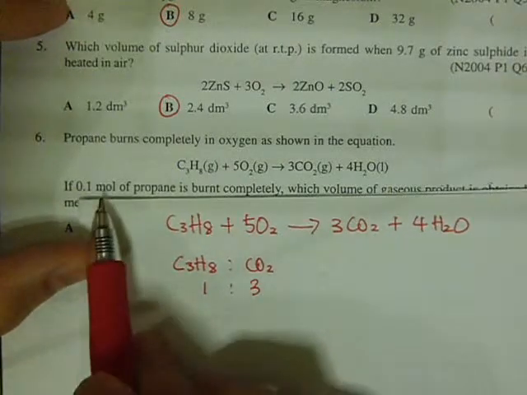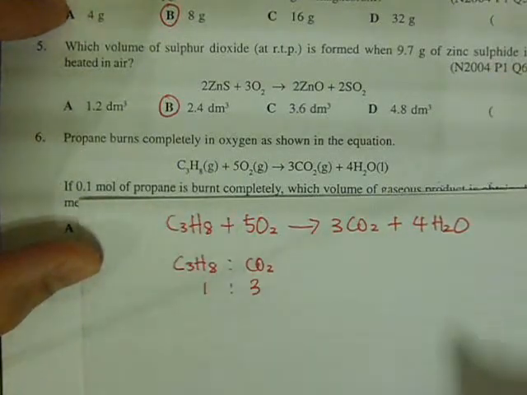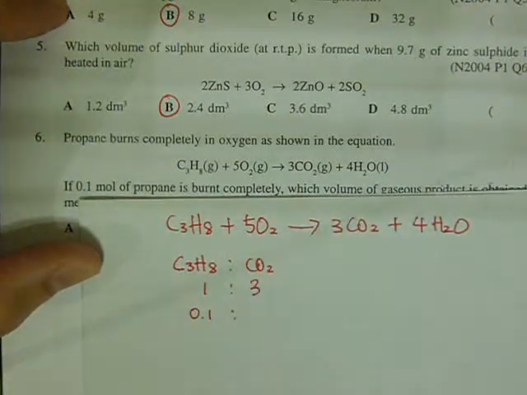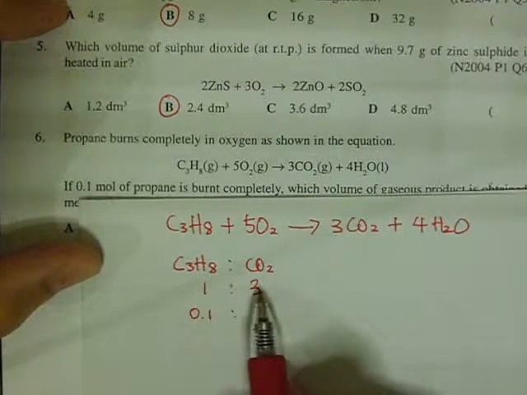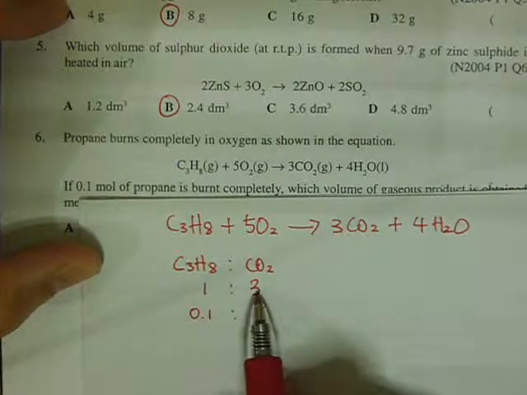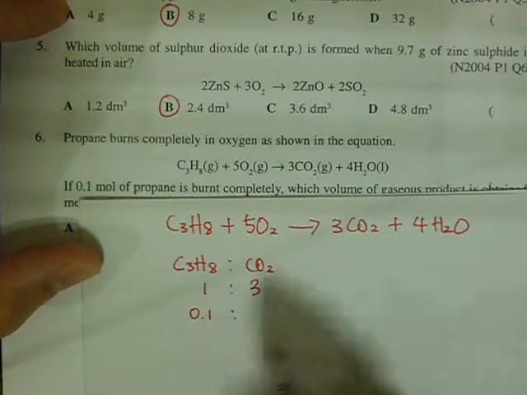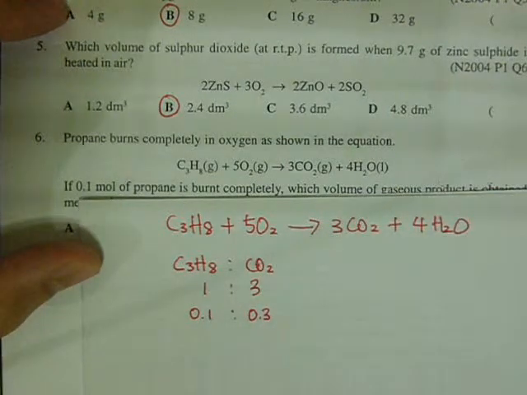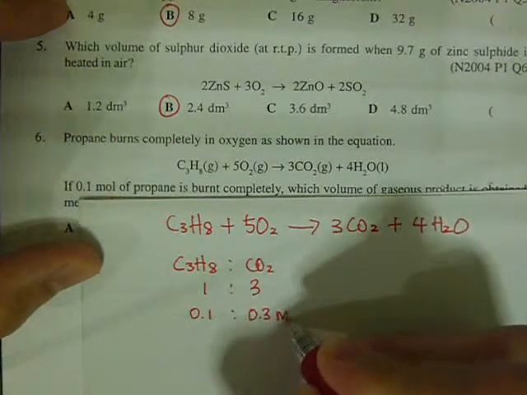The question says 0.1 mole of propane. So now we have 0.1 mole of propane. How many mole of carbon dioxide do you think it will produce? 1:3. That means 1 times 3 equals to 3. Likewise, 0.1 times 3, which is 0.3 mole of carbon dioxide.